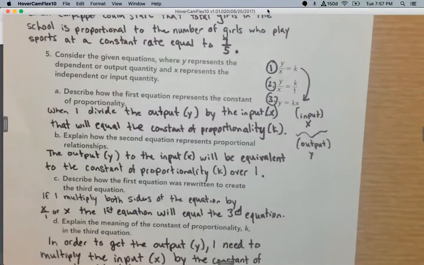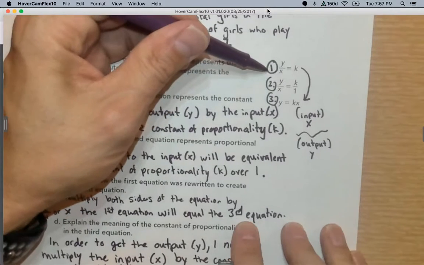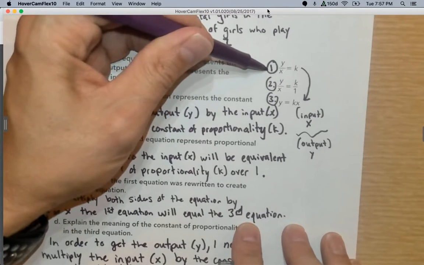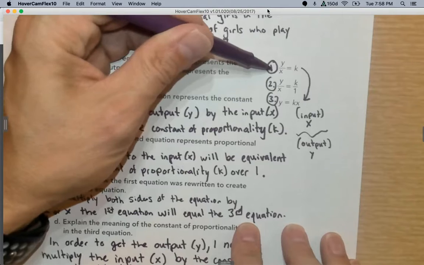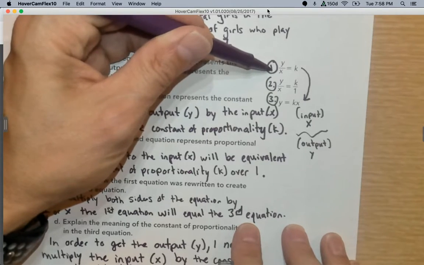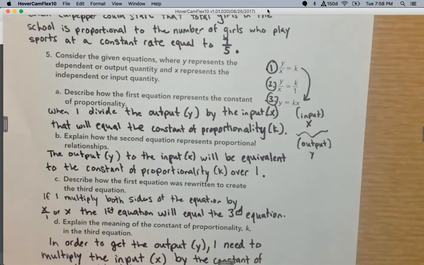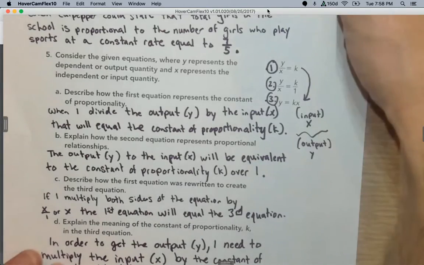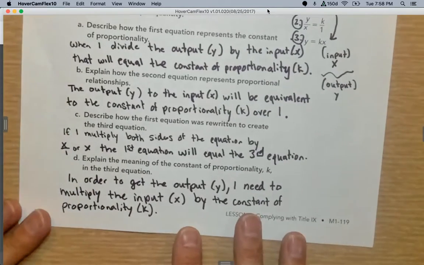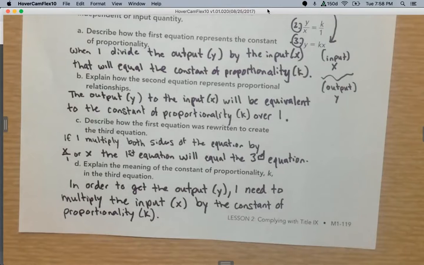And a lot of times we've been starting with this to prove that a relationship is proportional. And then a lot of times I can make it into this third one, which would be the equation for a given situation. Okay. And so by me taking the time to put this into words, that's helping me to think about how they're related to each other. And that's why they're asking these questions right here.